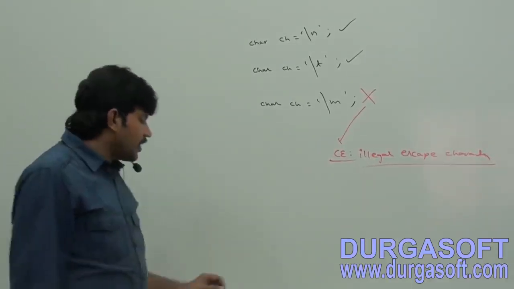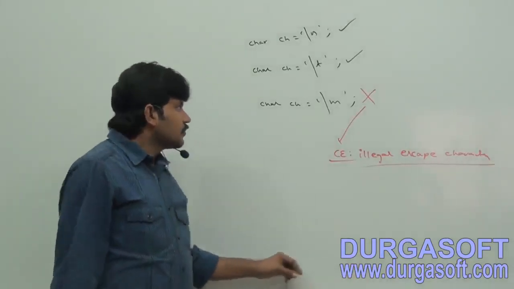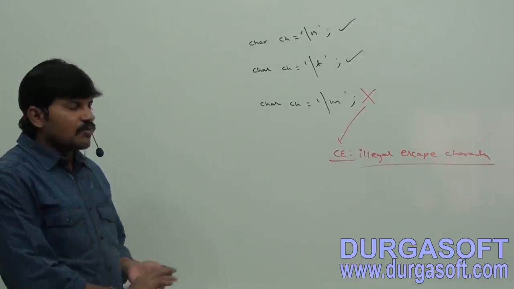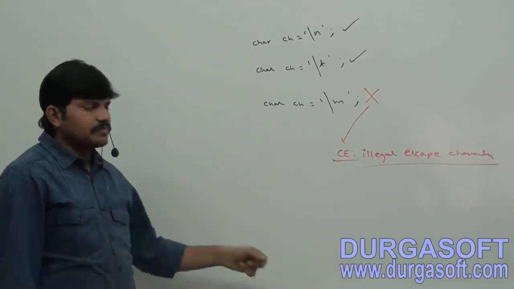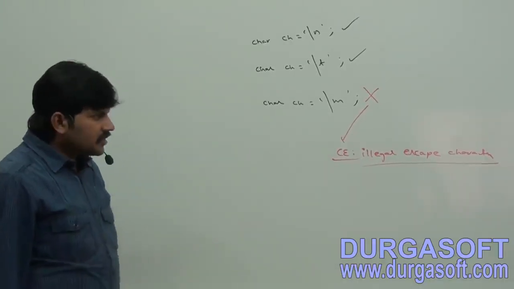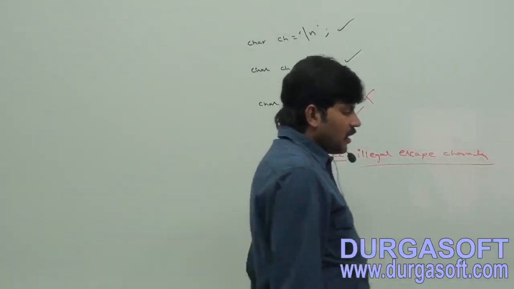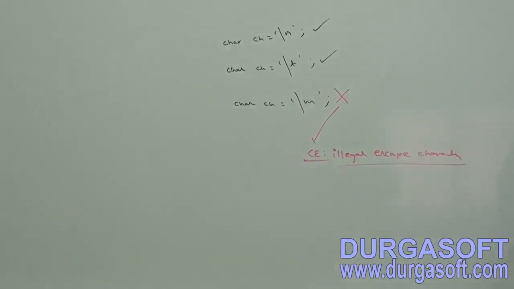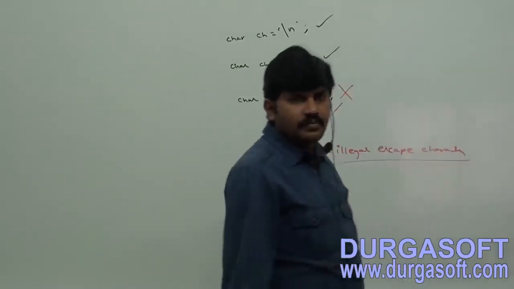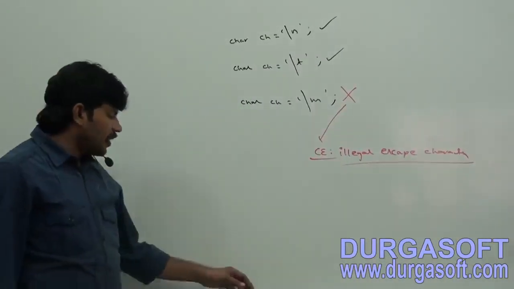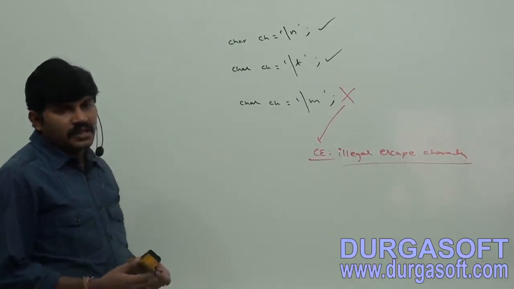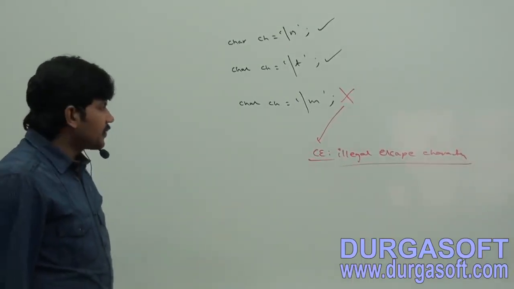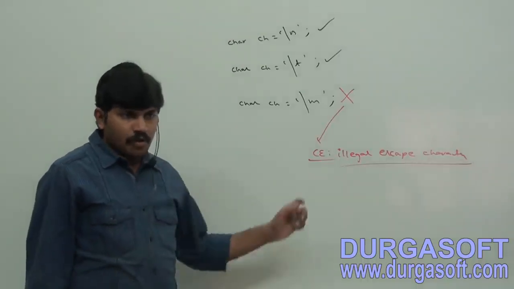Char ch is equal to backslash t. Backslash n, backslash t. Char ch is equal to backslash m. Illegal escape character, like a compile time error we are getting. Are you getting the point, right? Now I hope it's clear, right?